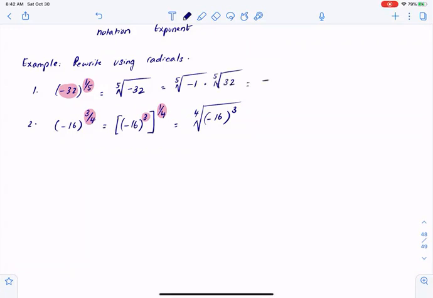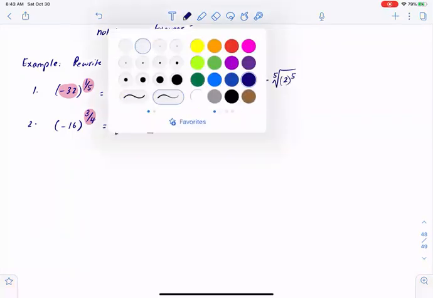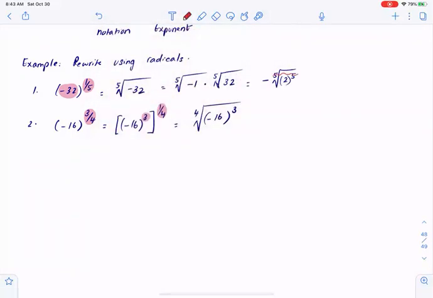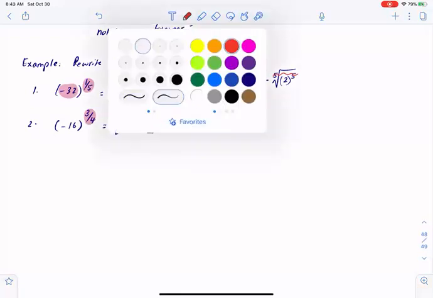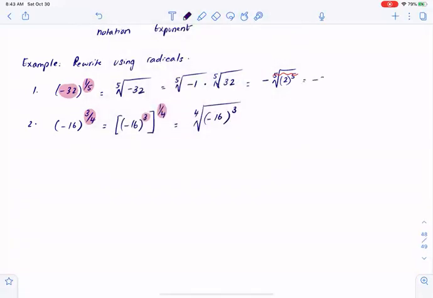So negative, because it's an odd root, 32, I could write it as 2 raised to 5. The root and the power will get cancelled. So I get negative 2. That is the simplified version.